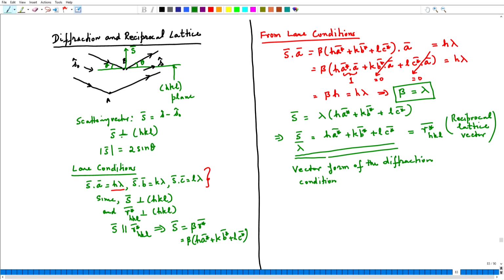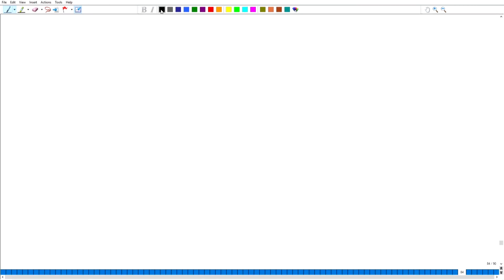Now, this form of the diffraction condition can be set in a frame of reference called the Ewald construction, and let us look at what the Ewald construction is. I have here the scattering vector S equals the unit vector S minus the unit vector S naught, these two vectors being the incident and the reflected beam directions, which can also be written by dividing by the wavelength of the X-rays that is used on both sides.